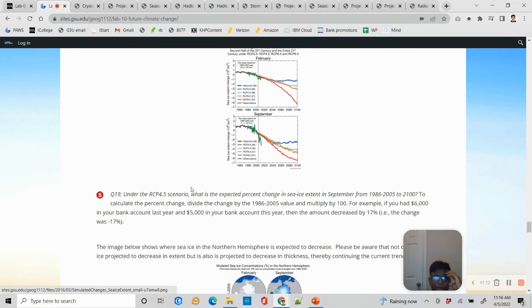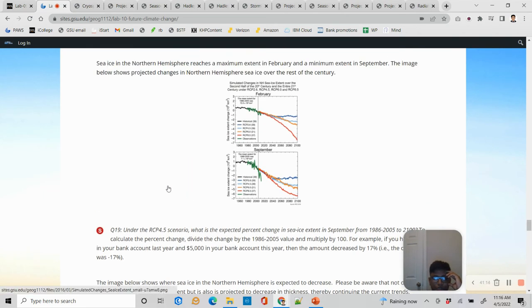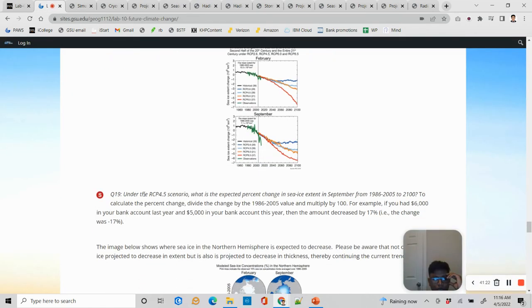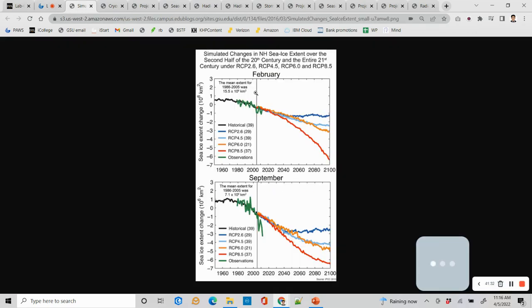Okay, so there is a question, let me go to the question directly. You'll definitely go to the description first. Under the RCP 4.5 scenario, what is the expected percentage change in sea ice extent in September from 1986-2005 to 2100? Okay, so this graph is talking about the northern hemisphere sea ice extent.